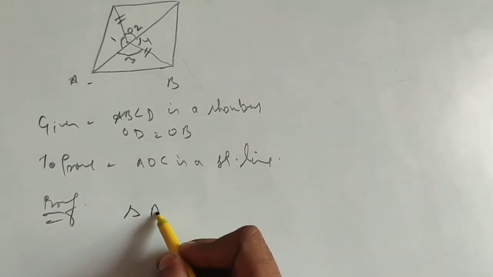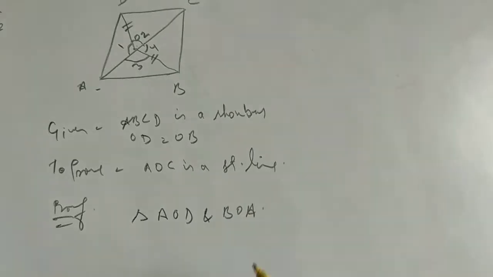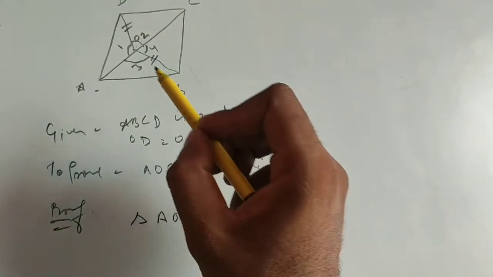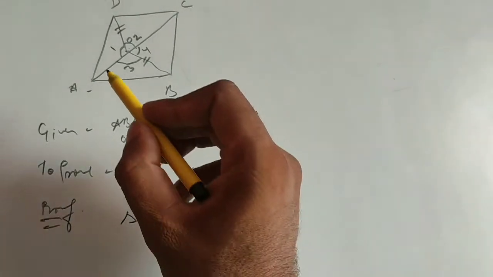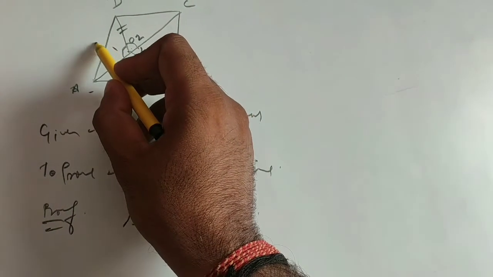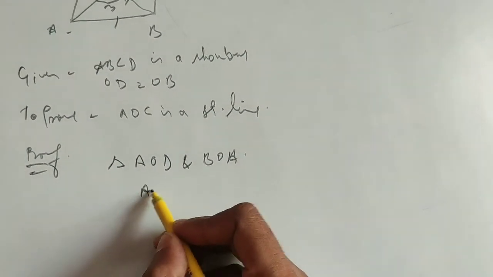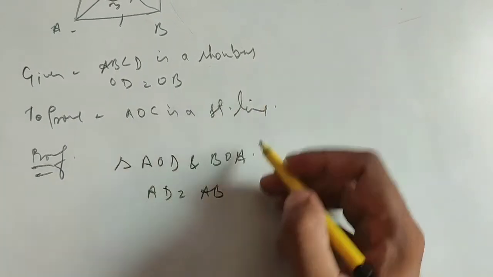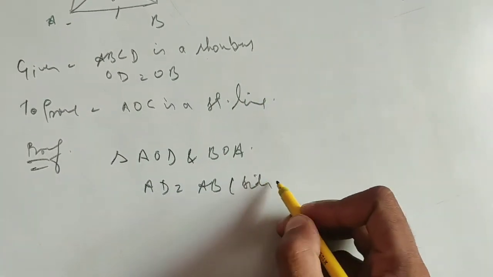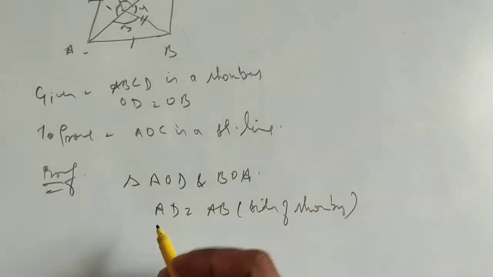Now consider the triangles AOD and BOA. In these two triangles we can clearly see that the length of AD and the length of AB are the same. AD is equal to AB because these are sides of a rhombus, and sides of a rhombus are equal.